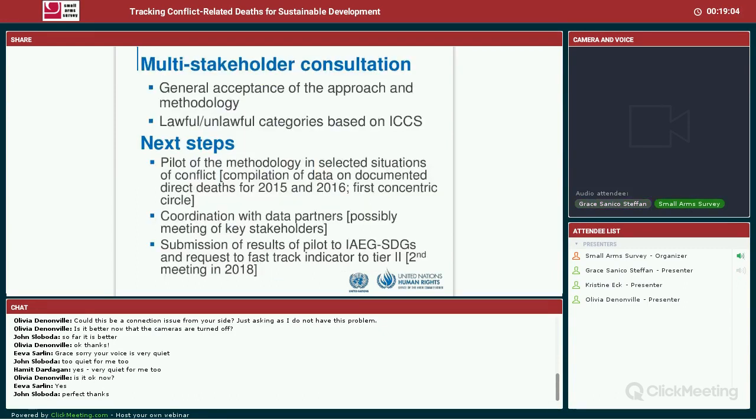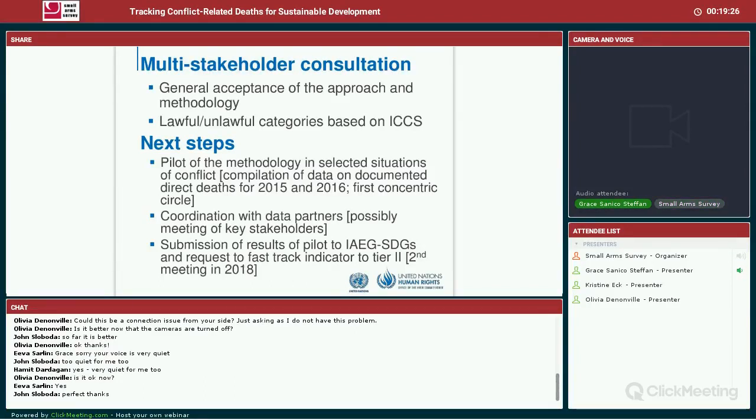As I mentioned earlier, during the multi-stakeholder consultation we had in Geneva, there was general acceptance of the approach and the methodology, and participants also recommended that we continue the work on lawful and unlawful categories based on the ICCS, the International Classification of Crime Statistics.